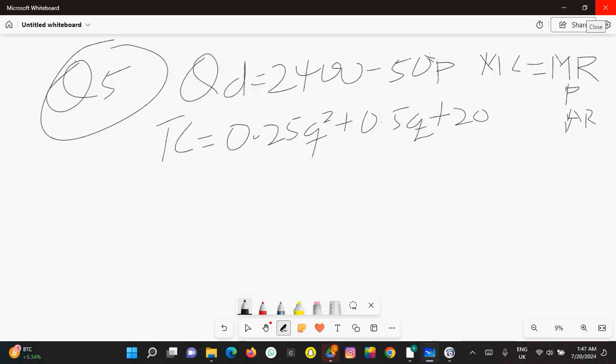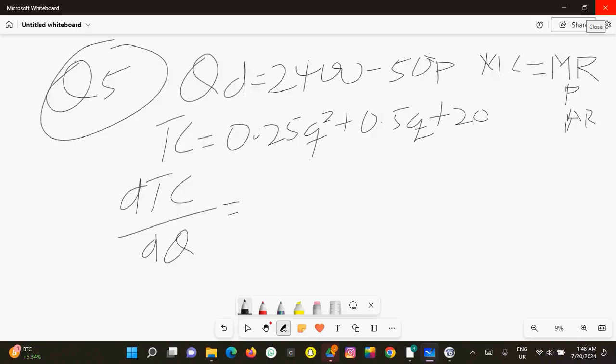What you are going to do now is find marginal cost from this total cost function. So marginal cost will be dTC/dQ here, right? So we are differentiating the rate.